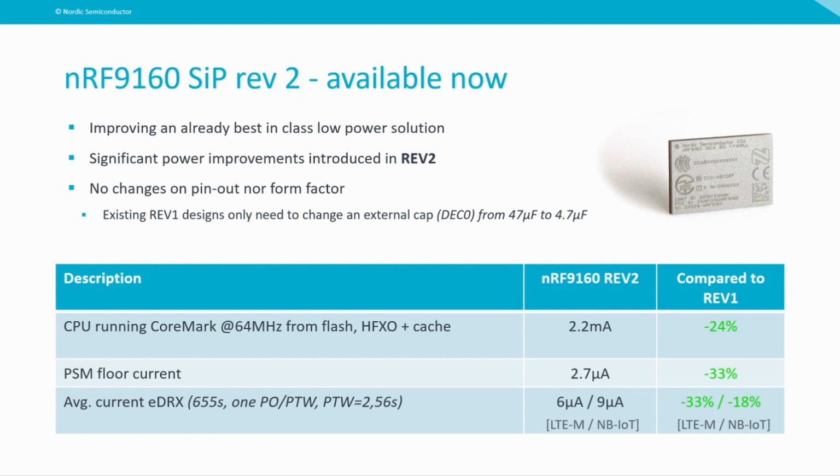And the PSM floor current is 2.7 microamps, which is 33% better than revision 1. And the average current for eDRX 655 seconds is 6 microamps on LTE-M and 9 microamps on NB-IoT. So we have an improvement of 33% and 18% compared to revision 1.